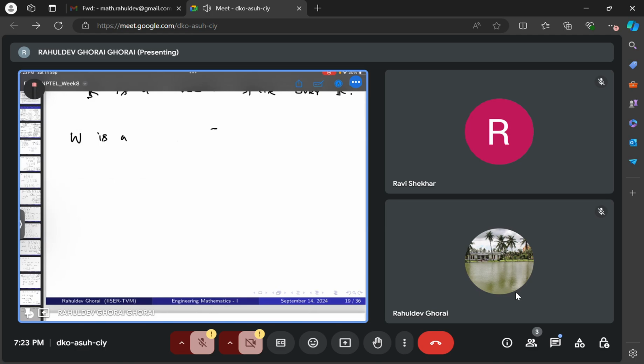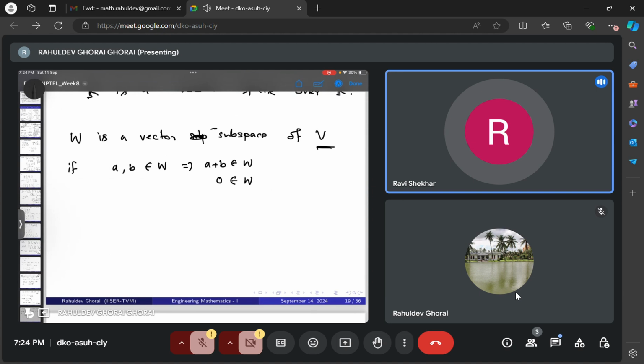Subspace of V, where V is a vector space. If a and b belong to W, implies a plus b also belongs to W, and 0 is also in W. I mean, W is again a vector space. If it is a vector space, then it will be a vector subspace of a bigger vector space.